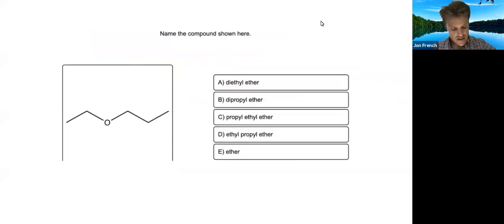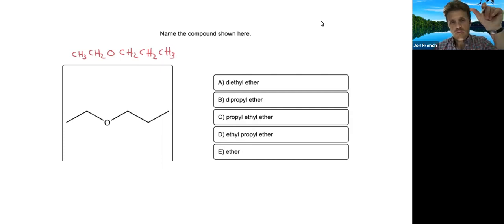This one is an ether, and so ethers are a little bit different, right? CH3, CH2O, CH2, CH2, CH3. For ethers, we name the shortest chain first, and then we name the longer chain as the base name. So the shortest chain for this ether is 2 carbons long, and the longer chain is 3 carbons long.